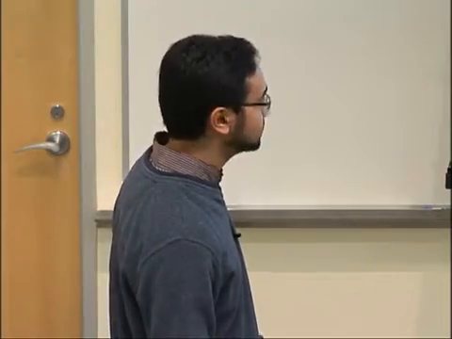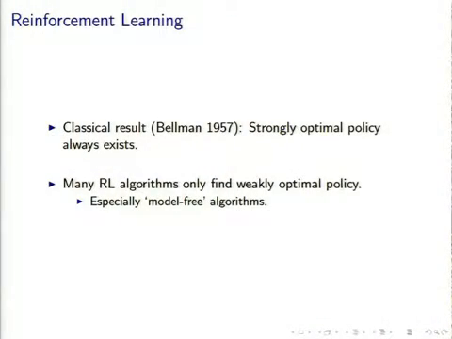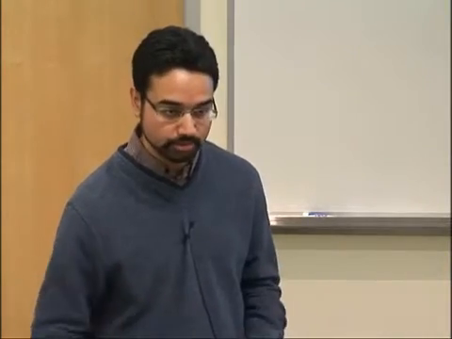Clearly weakly optimal strategies exist just by continuity or something. But it's not obvious that a strongly optimal policy exists, one that maximizes value at every state simultaneously. But there's a classical result that in a Markov decision process, which is the usual model for reinforcement learning, there's always a strongly optimal policy. There's a control policy that maximizes reward no matter what state you start in.